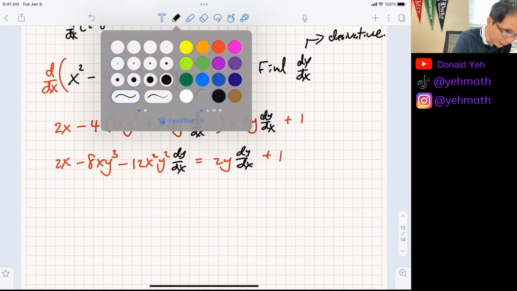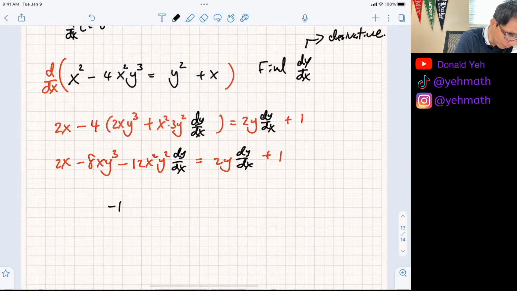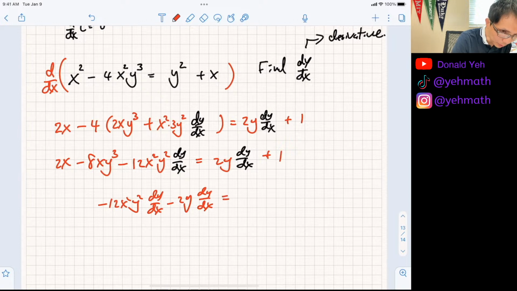So if I get the dy/dx term by itself, it's going to be negative 12 x squared y squared dy/dx, and the minus 2y dy/dx is equal to 1 minus 2x plus 8xy to the cube.